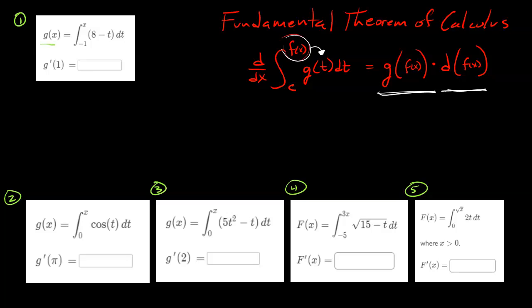So you're given g of x. Let's find g prime of x. So, Dane, do you remember what prime tells us to do? Like, what's the prime mean? Good. So the prime means to do the derivative. So the derivative of the integral is going to cancel out.